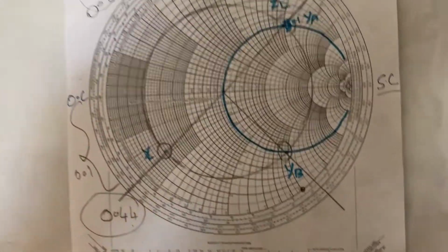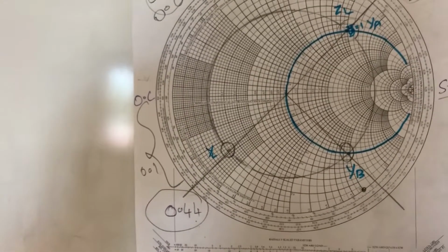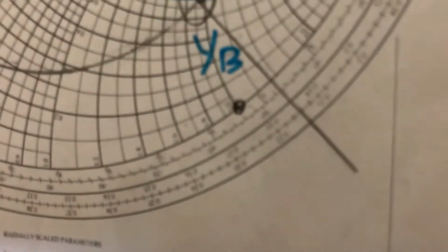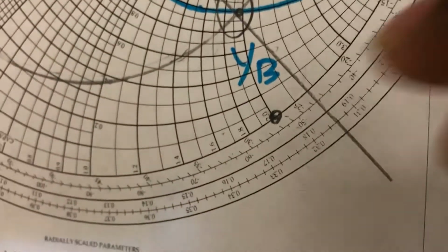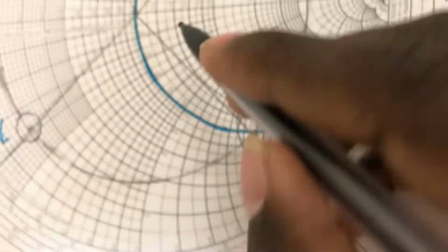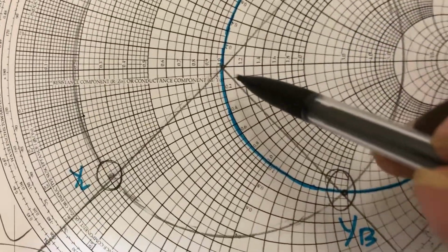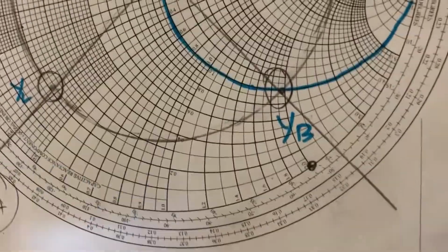As in graphs, the top part is positive, the bottom part of this chart is negative. Let's go here and find 2. So I have marked it here. As you can see, this is 0.2. Now draw a line from the center of the circle here, 1.0 to 2, and extend it outward.